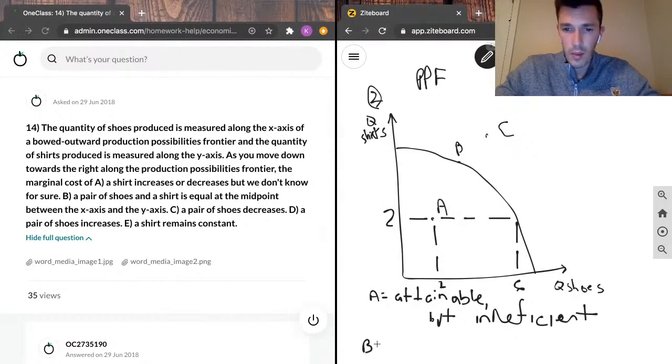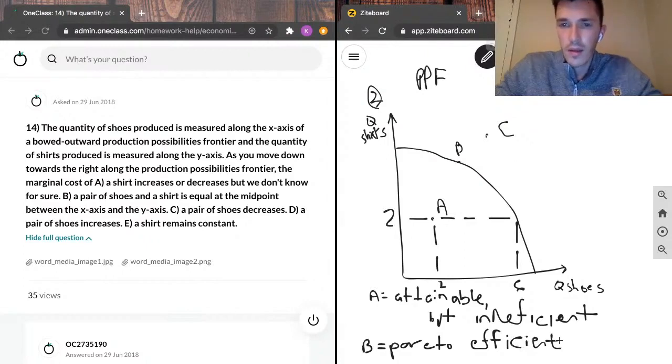Point B, a point on the line, is what we call Pareto efficient or technically efficient. They're synonyms, either works. And what that means is that you cannot have more of one quantity without giving up some of the other quantity. In other words, you've maximized the amount of resources you can get from this allocation. So maybe here at point B, you can get, call that 3 pairs of shoes and 4 shirts.